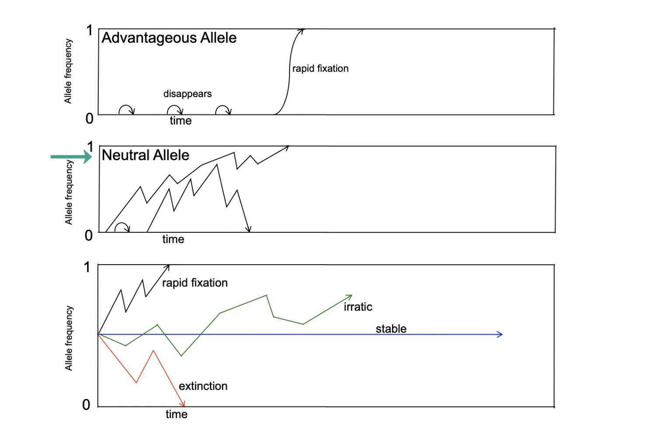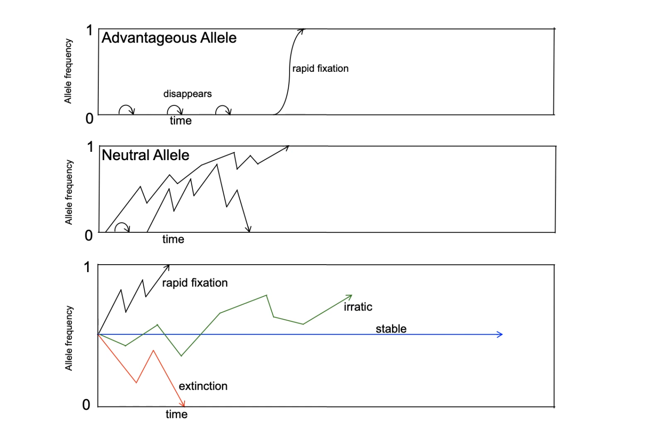Neutral alleles can go extinct. They can increase and decrease randomly in the population, and they can either go extinct or some actually can become fixed. And neutral alleles are by far more common than things that are either advantageous or disadvantageous.